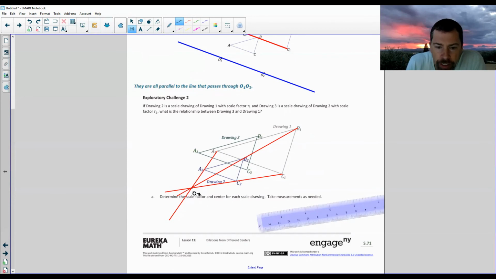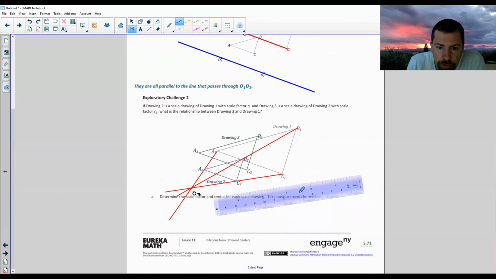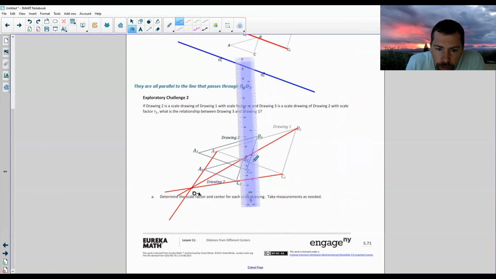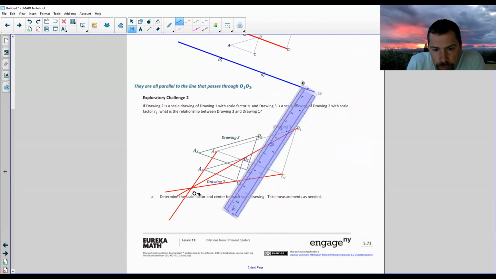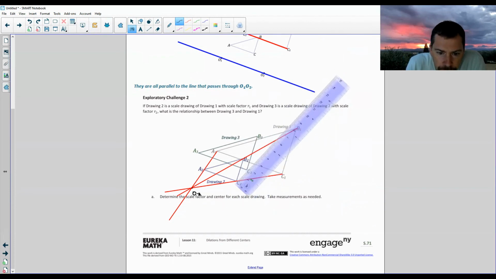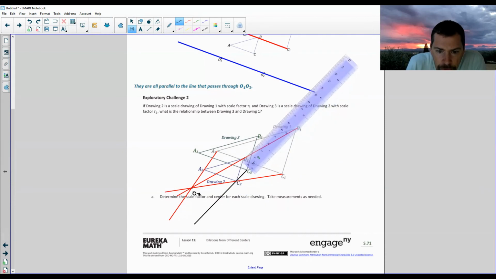Then I have to do the same thing to make drawing 2 scale up to drawing 3. So in doing so, I now line up C2 with C3, yes, I was right. And that's right here. And then I want to do B2 to B3.